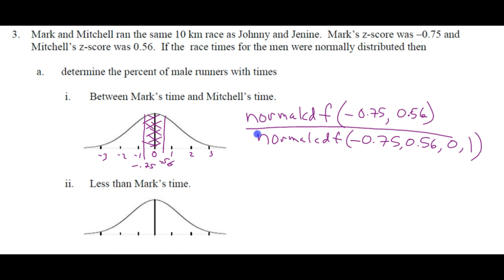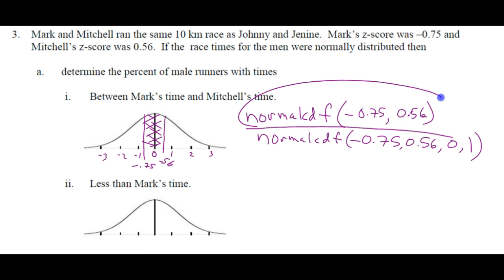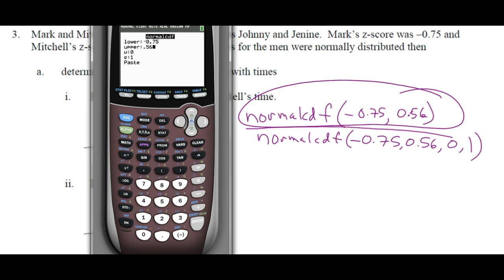So it defaults to that, just like this calculator has defaulted to that. You don't have to enter it, okay? If you're using a standard normal distribution, if you're using z-scores, this is good enough.